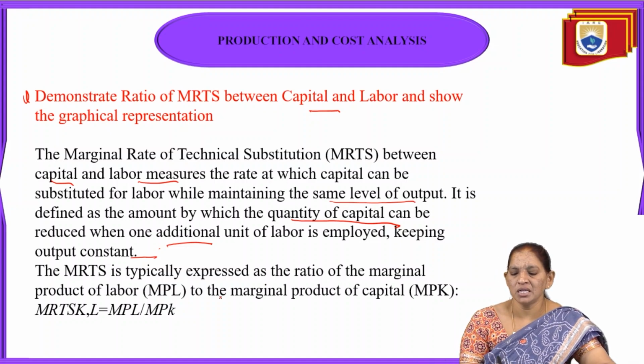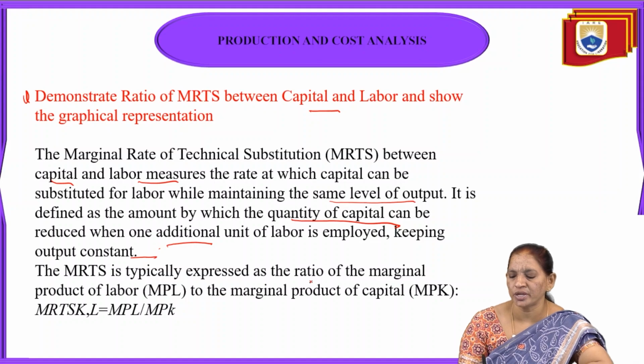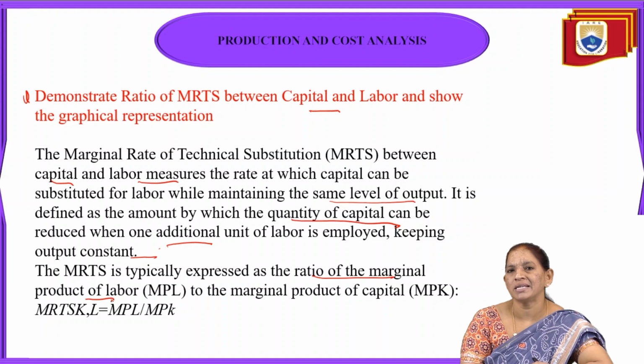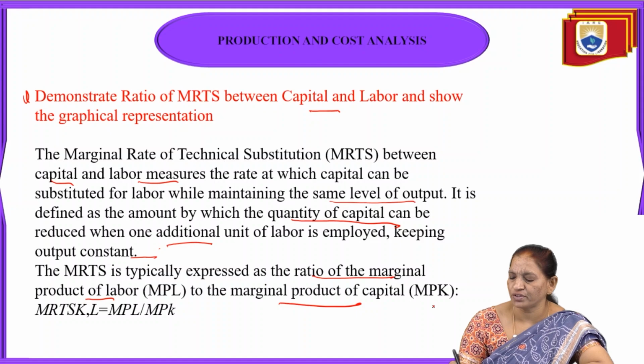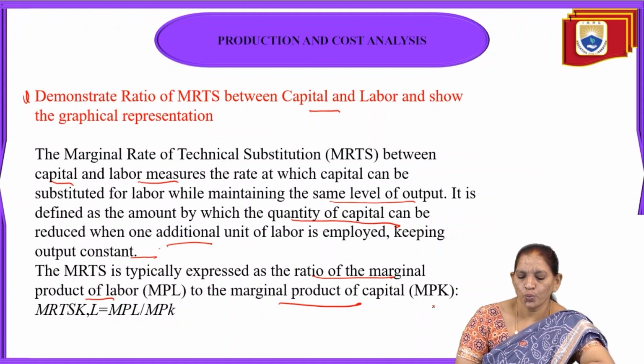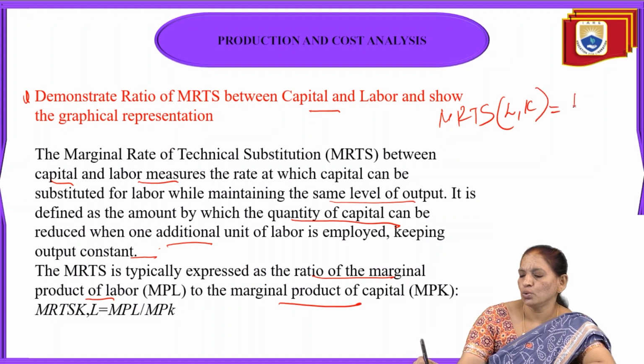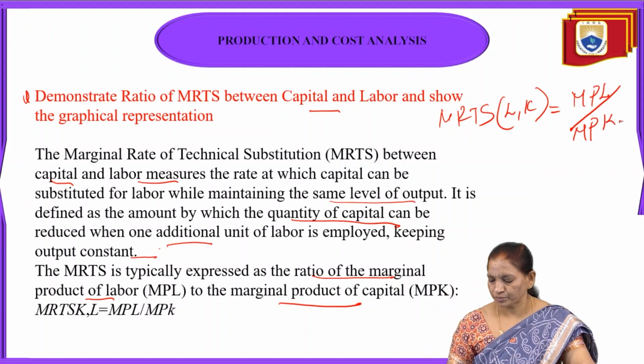So here the marginal rate of technical substitution we can express as the ratio of the marginal productivity of labor, which we'll call MPL, and the marginal productivity of capital, MPK, where we can say that MRTS for labor and capital is equal to the marginal productivity of labor divided by the marginal productivity of capital.